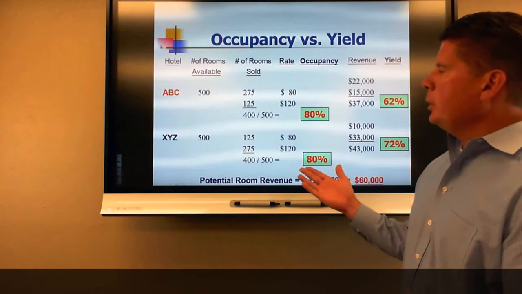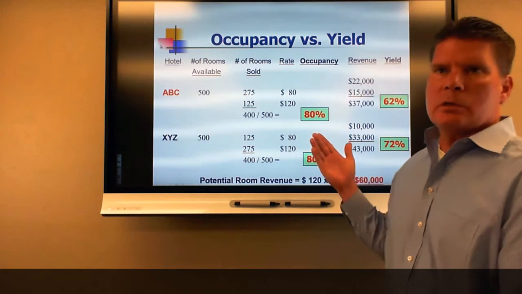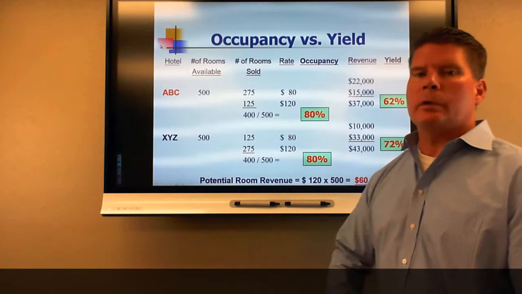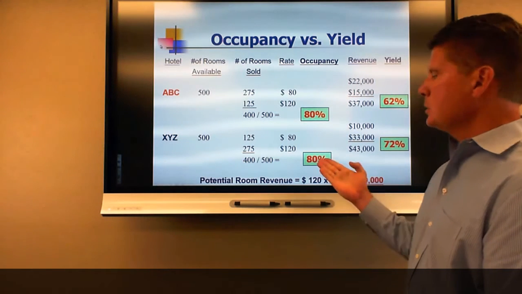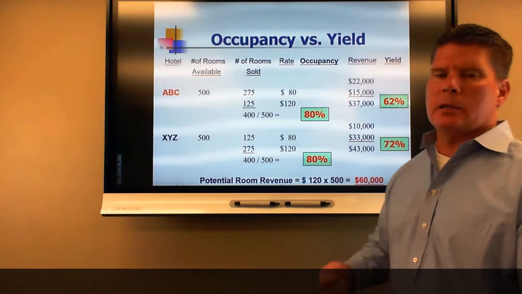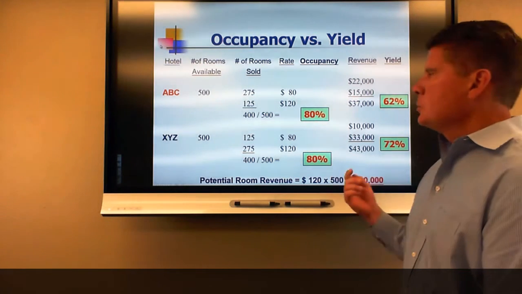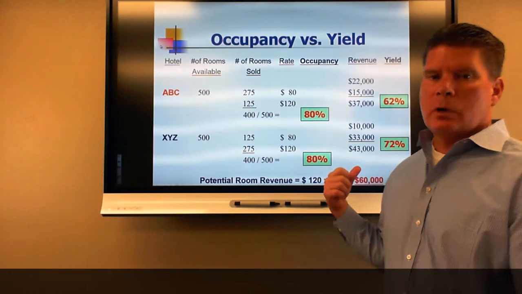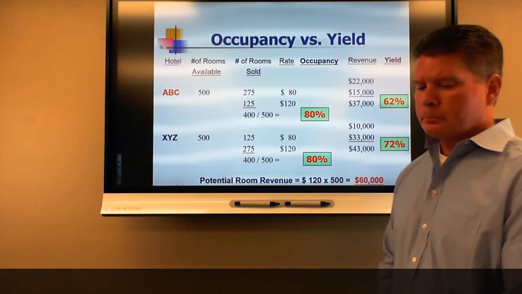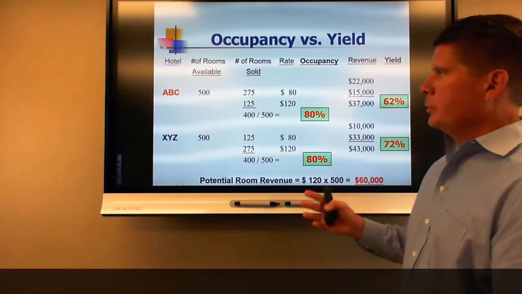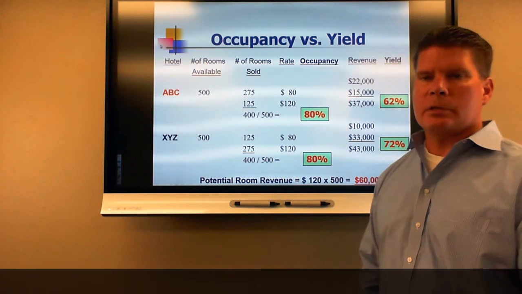So the point here is that you can look at both hotels and see that, oh, they were equal because they had the same occupancy percentage, but that's not true because XYZ did a much better job of selling more rooms at rack rate, so they have a much higher yield. Obviously 72% is higher than 62%.